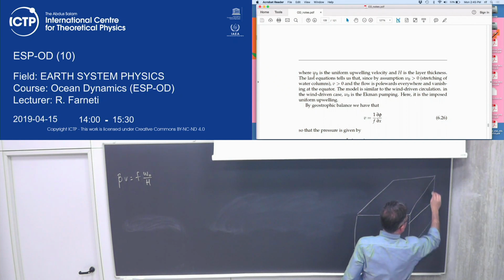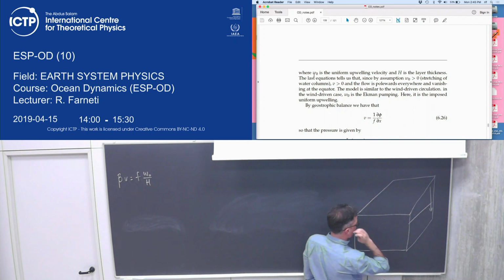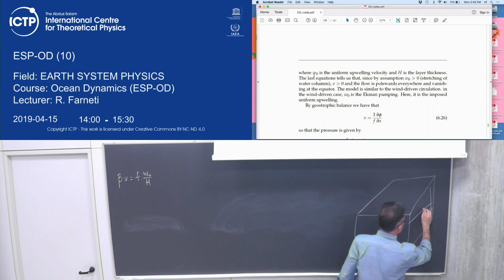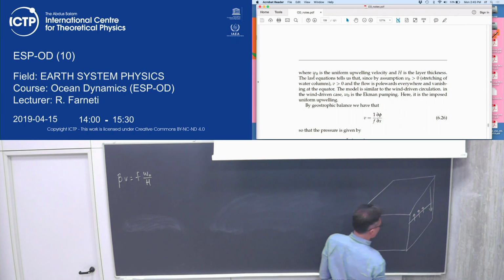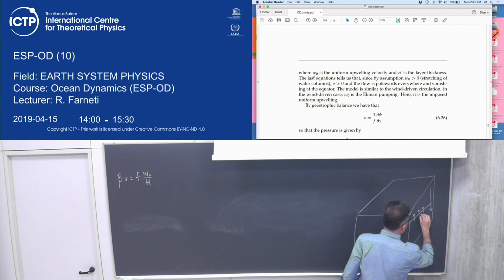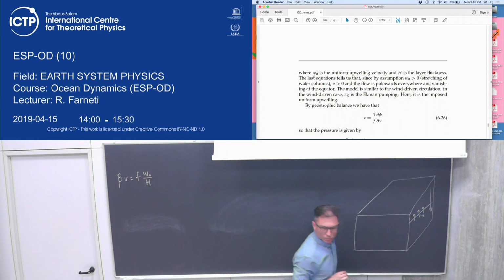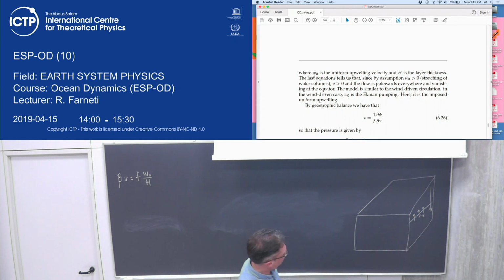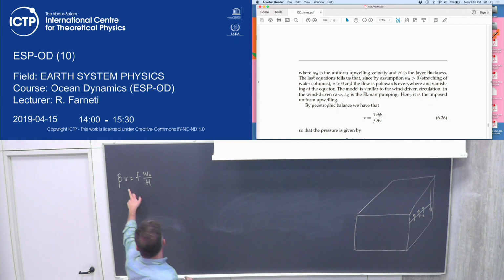We have a localized sinking near the northern latitudes, and then we have a uniform upwelling with a vertical velocity W naught, which is positive, and so we have a positive meridional velocity.